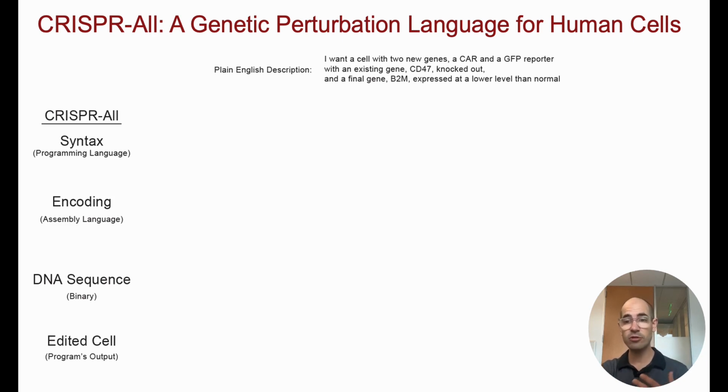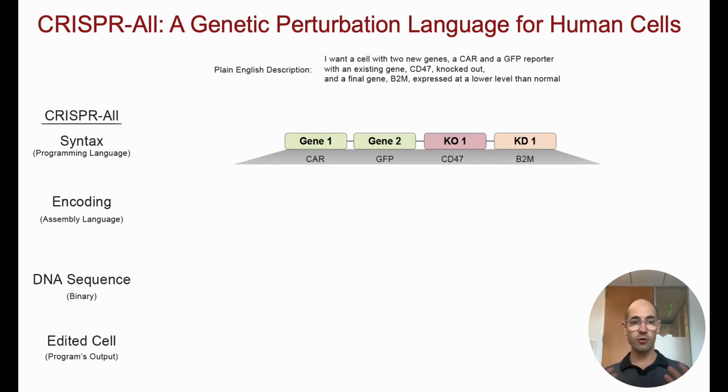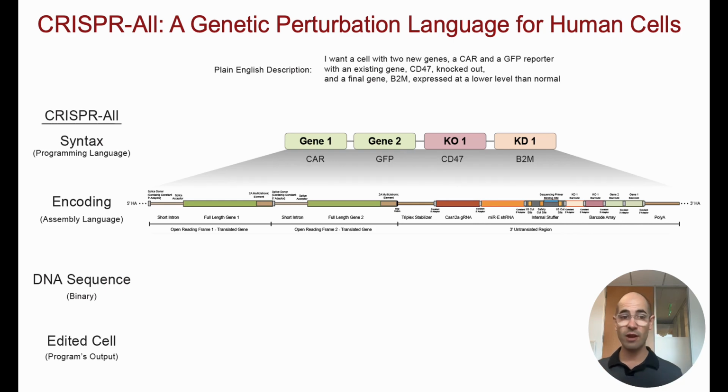And essentially it allows you to input a standardized high-level, plain English description of a cell and say, I want to knock in 2 new genes and knock out another one and knock down a 4th one. And what CRISPR-All does is convert that into a standardized syntax, and then you don't need to know the molecular biology rules underneath this because there's a standardized encoding of how all this works, and that builds up the series of functional elements that allows you to generate these perturbations.